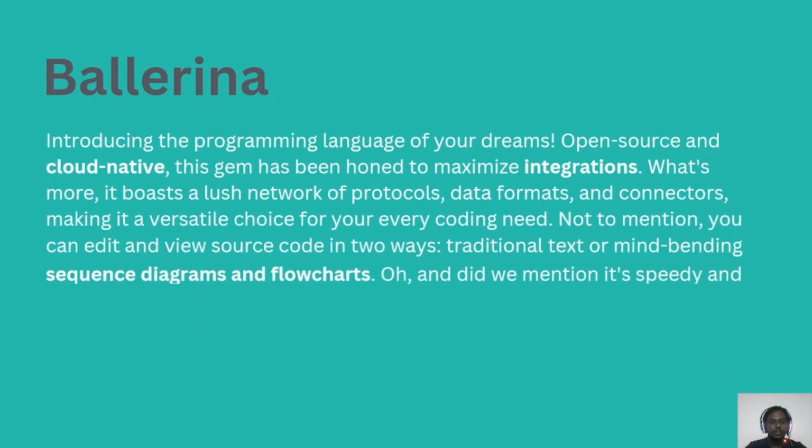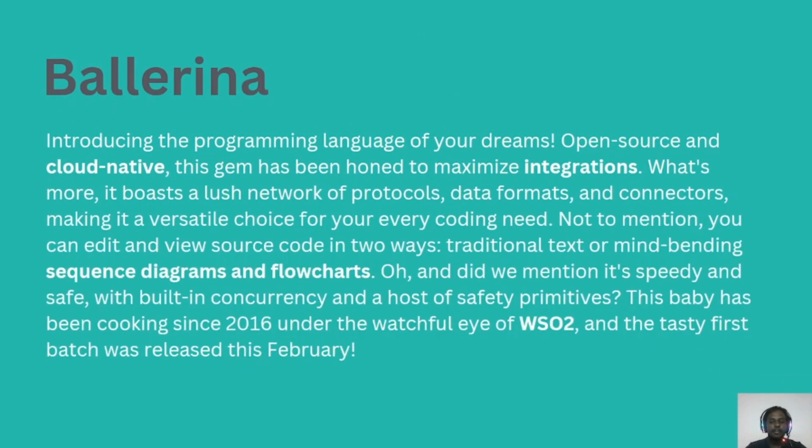So, what is Ballerina? It's a programming language like Java and all, but it's very cloud native. It is actually designed for integrations in the ESBs. It has a very rich network of protocols, data formats and connectors that enables these needs of the enterprises.